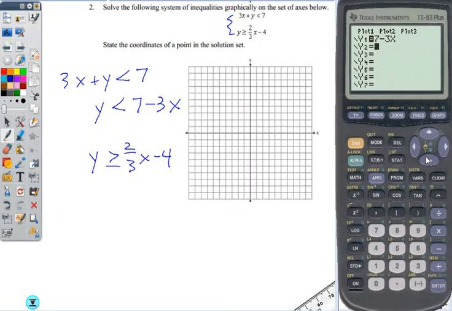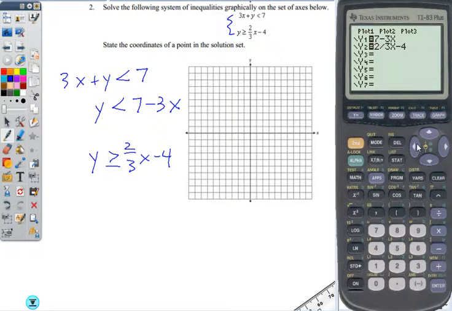And I can put both of them in. So y equals 2 divided by 3 x minus 4. And this is what the two boundary lines of the inequality will look like. If you want, you can have your calculator show you the shading.